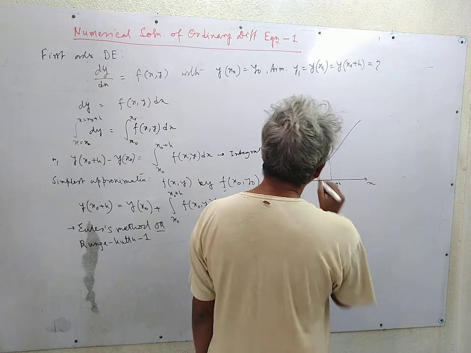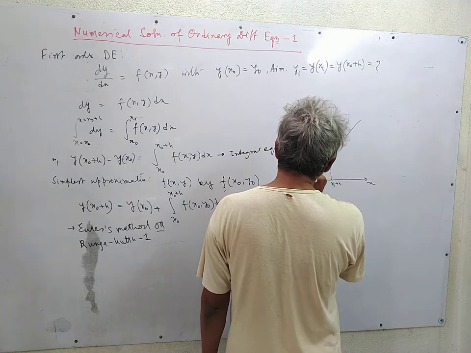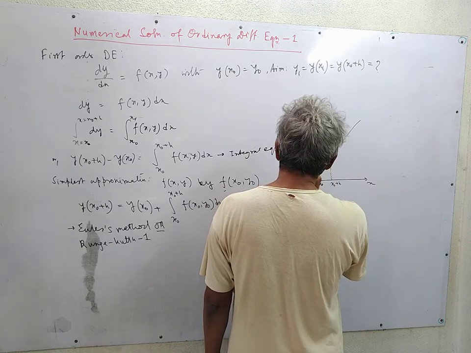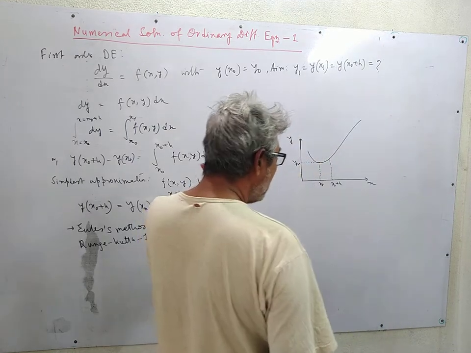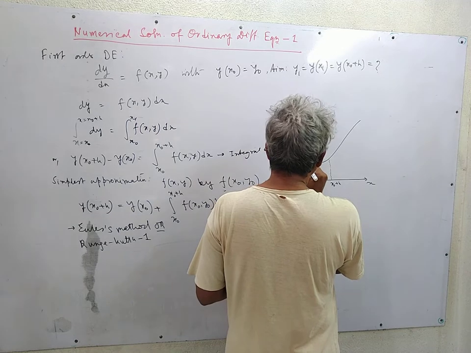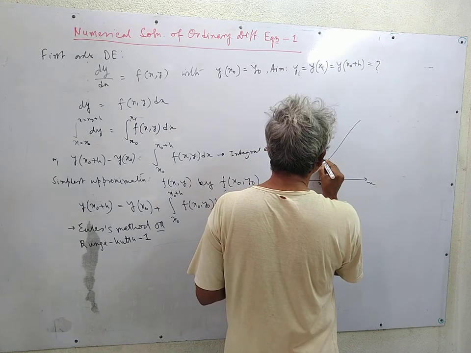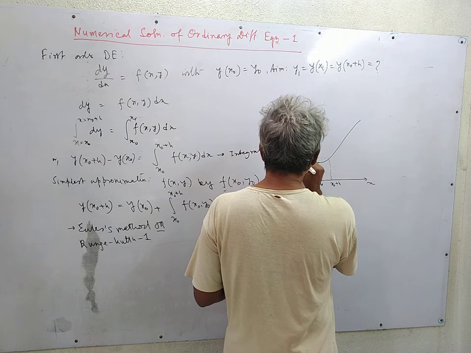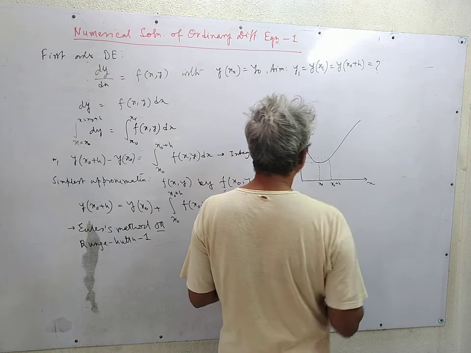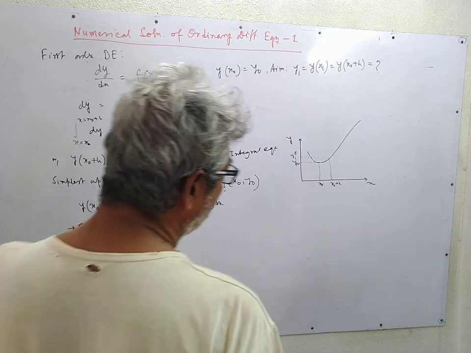So we know this value Y0. This is the value of Y at X is equal to X0, and we are to find out this value. This is the exact value, Y1 exact, that we are looking for.